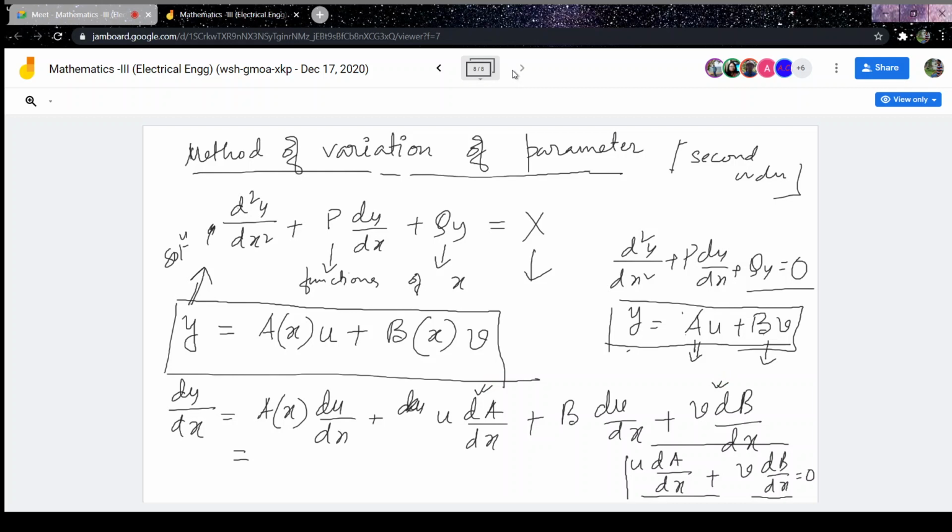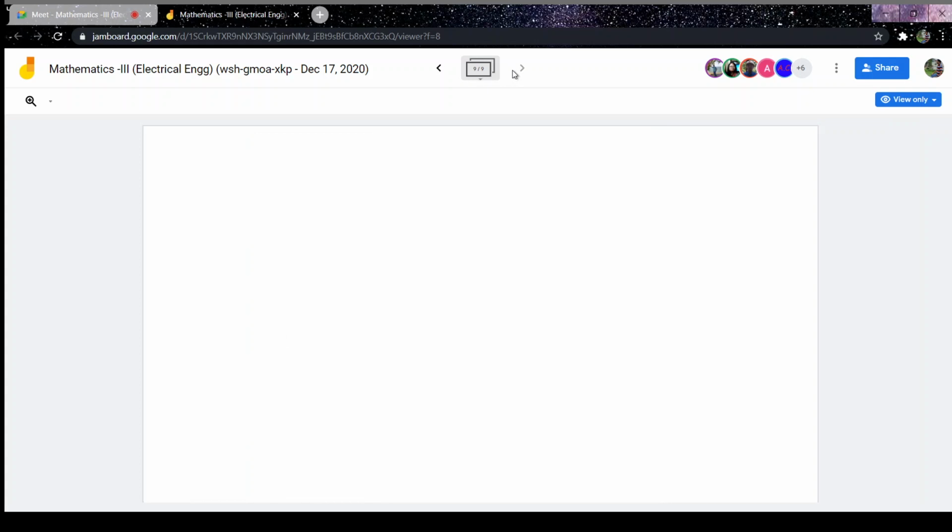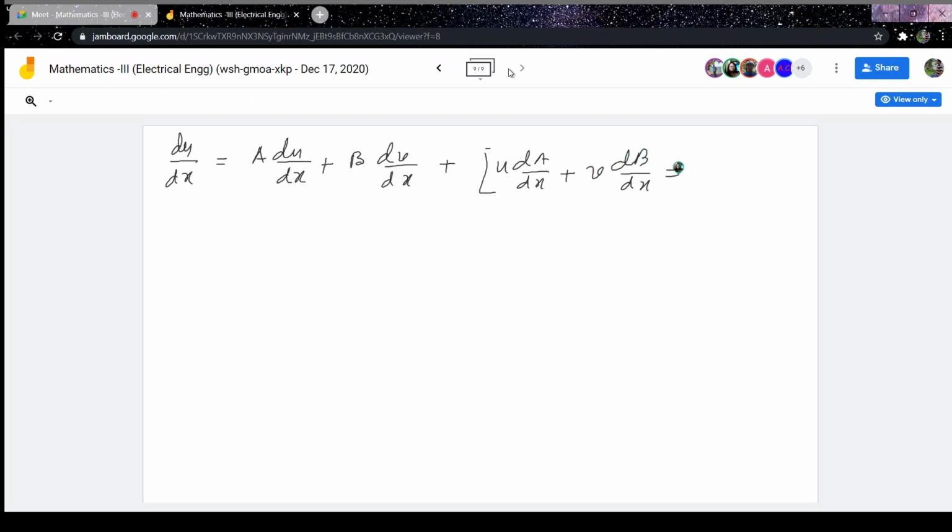So I am writing my dy/dx as A du/dx plus B dv/dx, because the other term has already vanished. I have taken this equal to 0, so this term is 0. So my dy/dx is this.